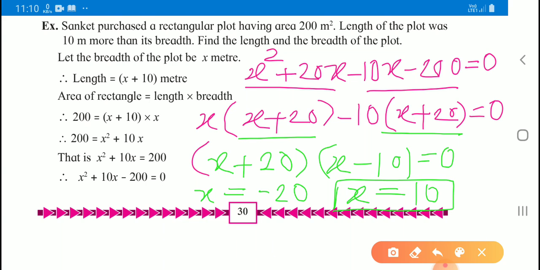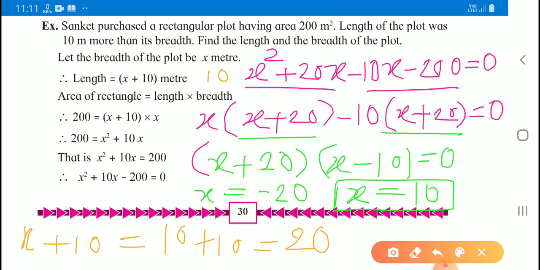Then the breadth is 10 and the length is x plus 10. So 10 plus 10 is equal to 20. Do you understand this? Here the length of the rectangle is 20 and the breadth of the rectangle is 10.